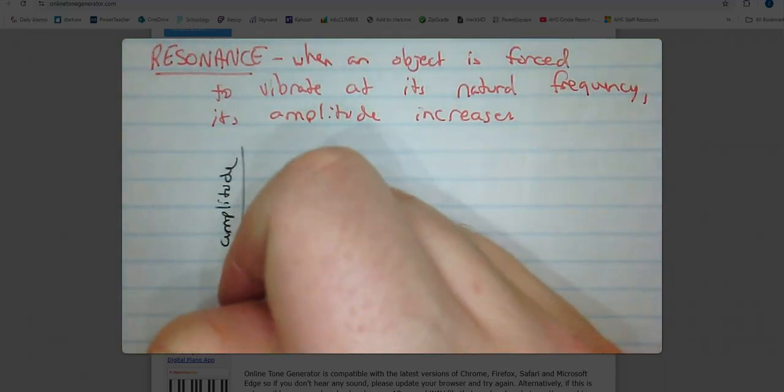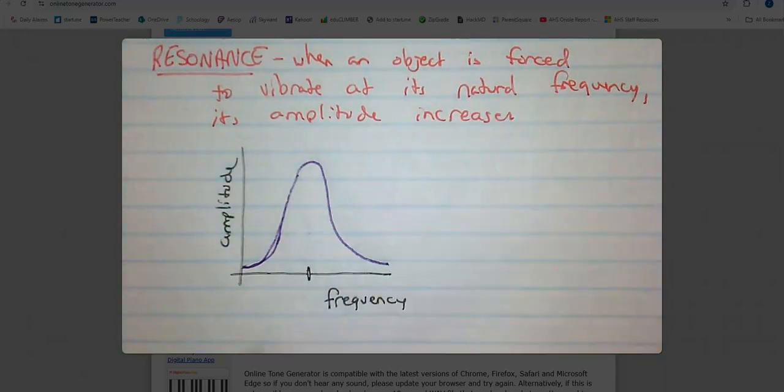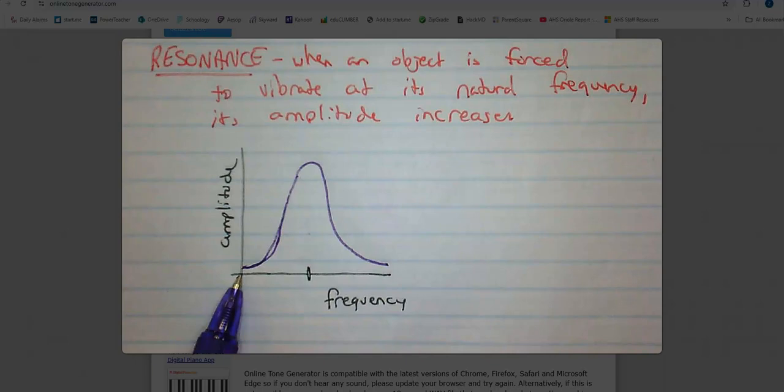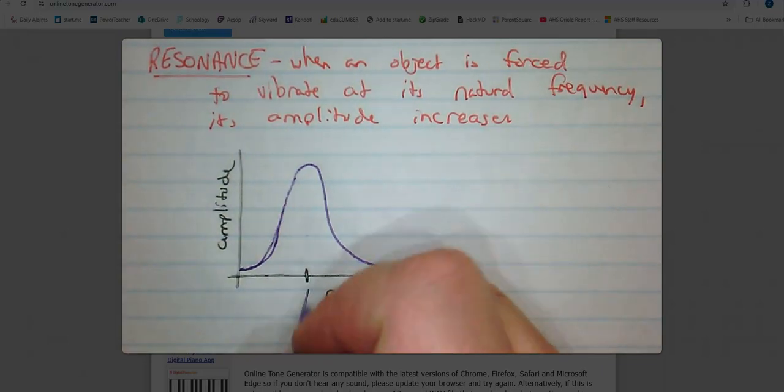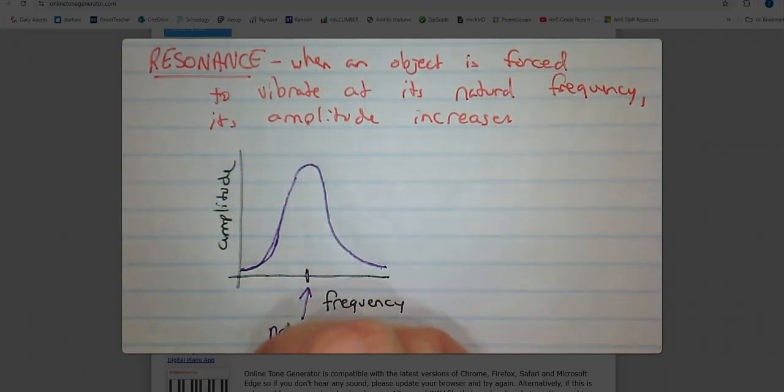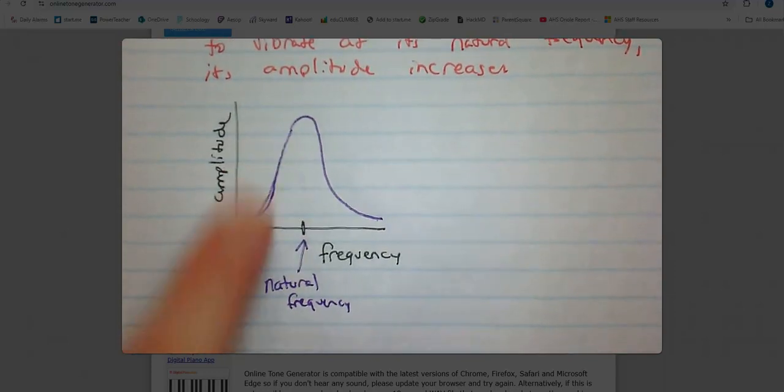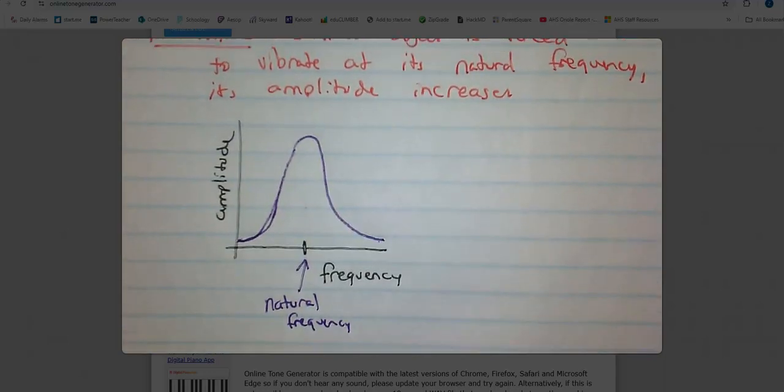So what this is showing is that if you try and force something to vibrate lower than its natural frequency, no resonance happens. If you force something to vibrate higher than its natural frequency, nothing happens. But if you force it to vibrate at its natural frequency, it's going to increase the amplitude of the vibration.